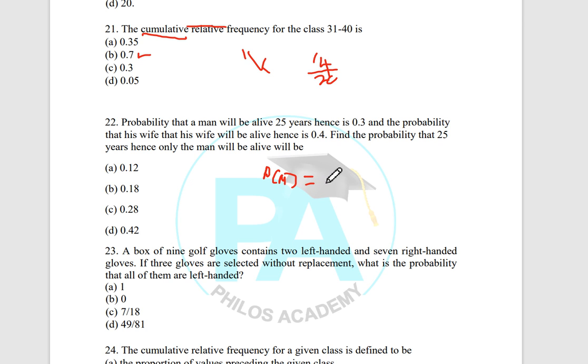It is 0.3, right? Now, what would be the probability that the man will not be alive? It should be 1 minus the probability that he will be alive. That's 1 minus 0.3, which gives you 0.7.